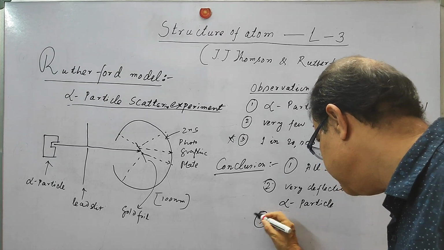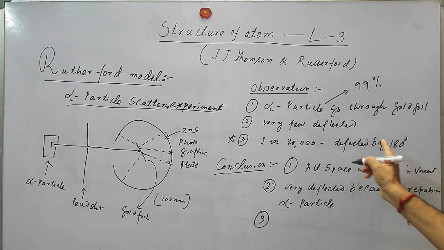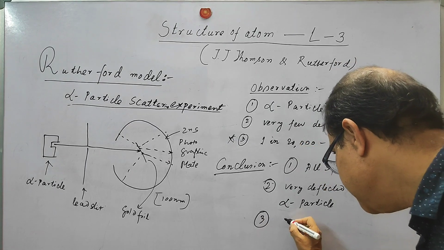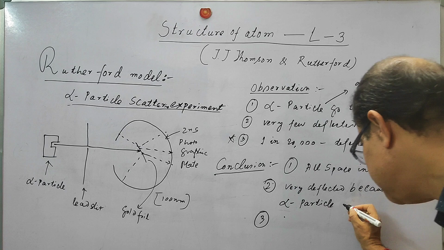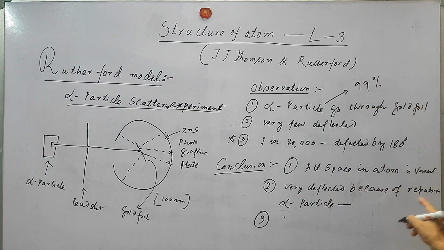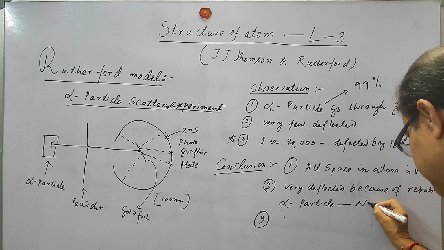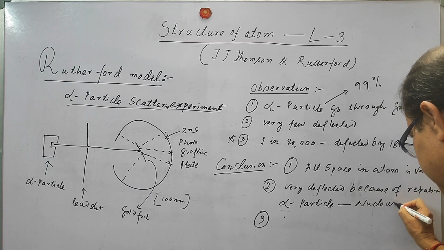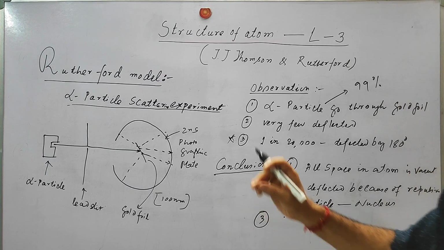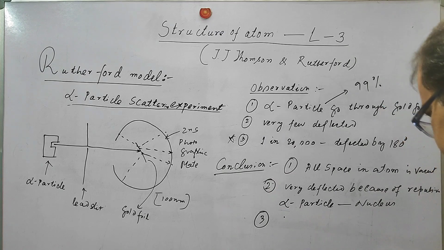And this 1 in 20,000 deflected means this portion, this very few deflected, is called the nucleus. What is the nucleus? The nucleus is basically the place from where the alpha particles were deflected.